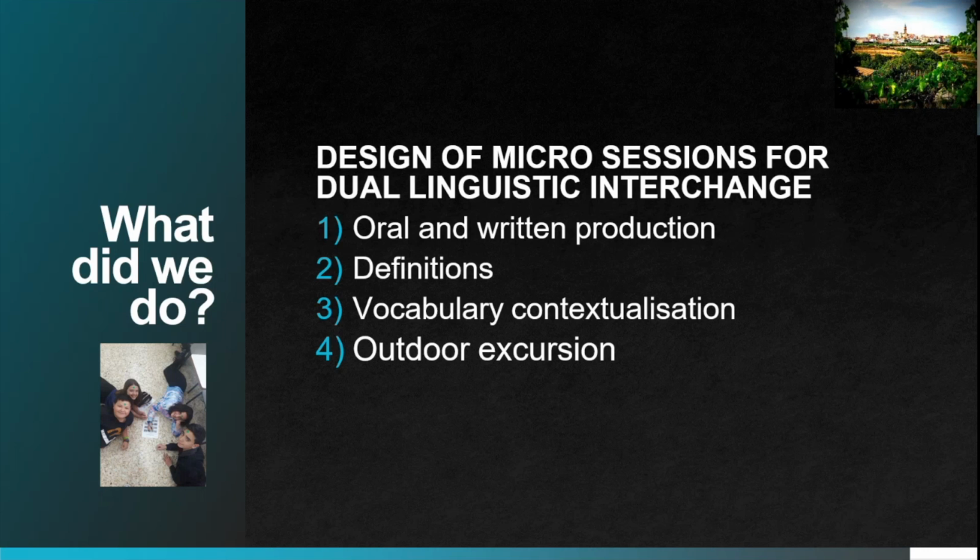Migrant students were learning Spanish as a second language, supported by locals, and locals who had French as a second language were supported by migrant students, most of whom knew a bit of French. The thematic thread of these micro sessions was the local flora and fauna, and they were intended to build linguistic complexity.